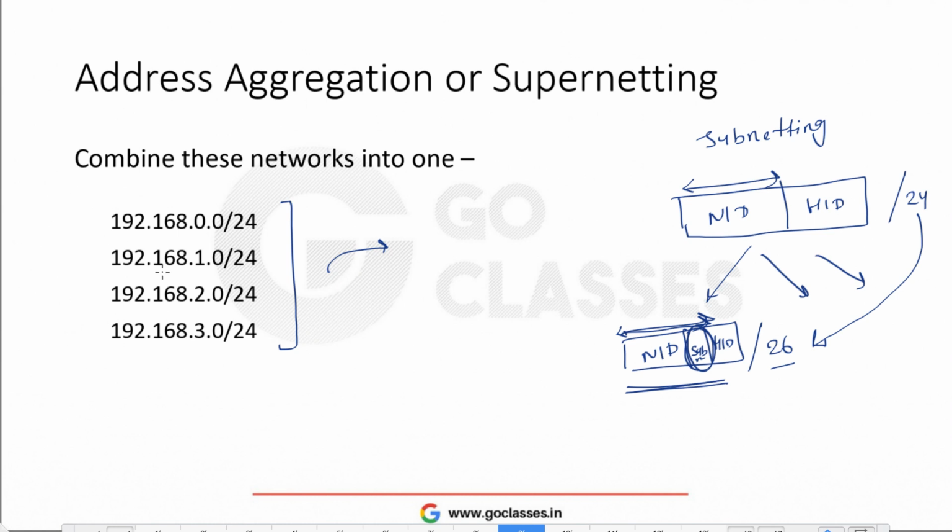But here the prefix length will get decreased, which means from 24 it will decrease to something. Let's see how. The idea is that I want to merge all of this logically, just for the routing table. How are we going to do it? That's very simple. Step 1, write addresses in binary.